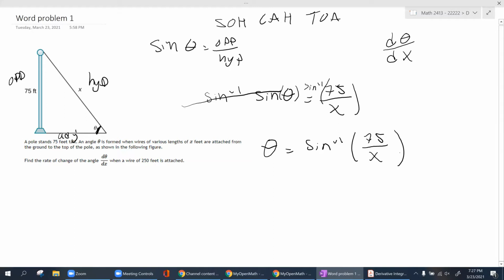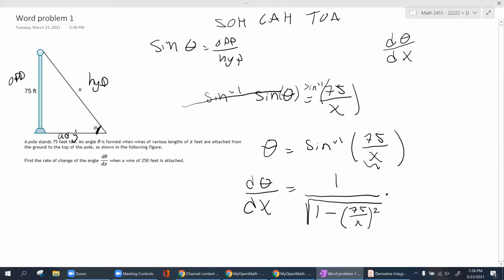At this point, I know how to take the derivative of this. The derivative of theta with respect to x is equal to, we said the derivative of inverse sine was 1 over the square root of 1 minus everything on the inside squared, times the derivative of the inside. If you notice, I had jumped ahead.